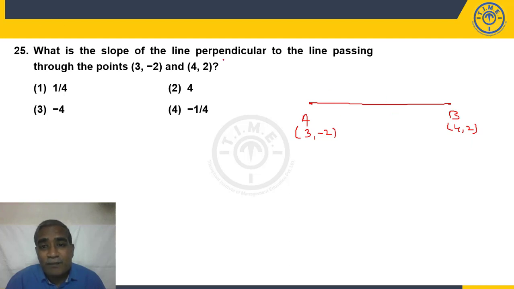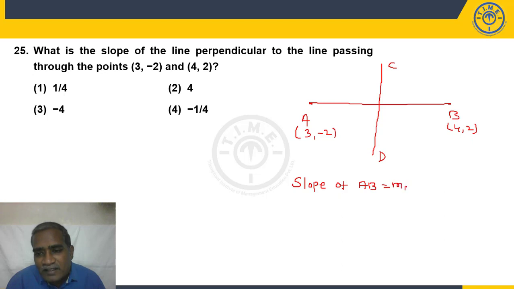What is the slope of the line perpendicular to this line AB? This one I am considering as CD. I want the slope of CD. These two lines are perpendicular. What is the slope of AB? Slope of AB, that one I am considering as M1, is equal to 2 minus minus 2 by 4 minus 3. This is equal to 4.